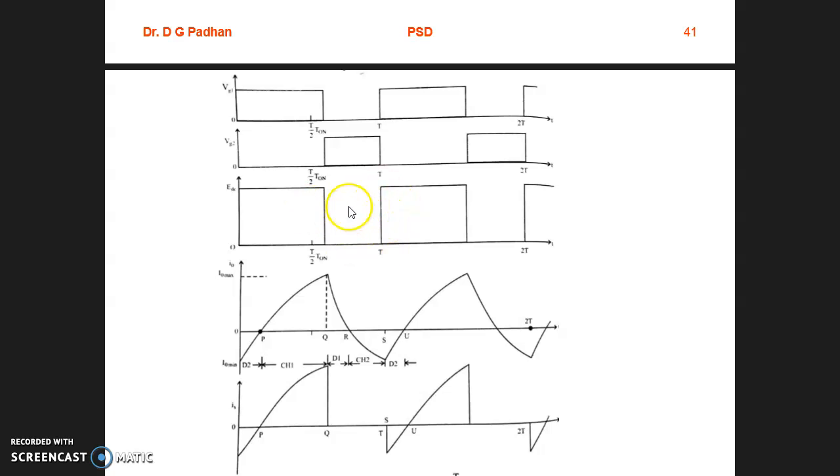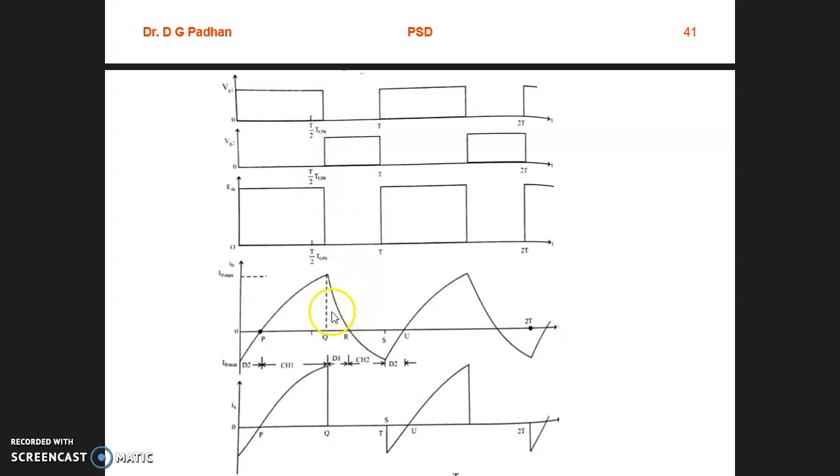So the duration T on is greater than half the periodic time, T by 2, as shown here.